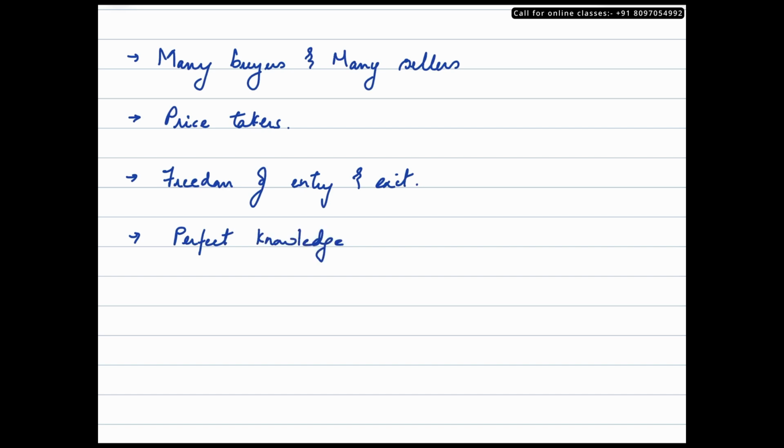Perfect knowledge means the consumers and the producers have perfect knowledge with regards to the prices and the trends that prevail in the market. And finally, the commodities that are dealt in this market are homogeneous. For those who are interested in understanding perfectly competitive markets, you can check out the video on perfectly competitive markets features. Now let's take a look at how the price and output are determined under a perfectly competitive market.